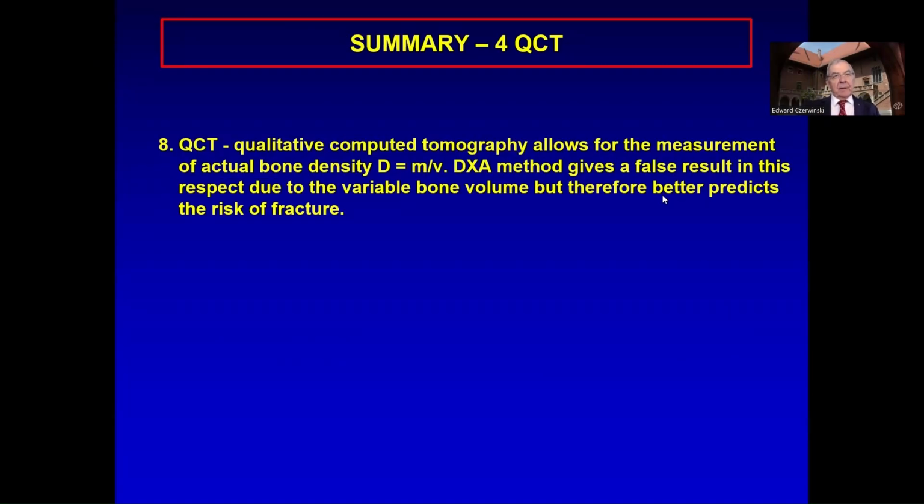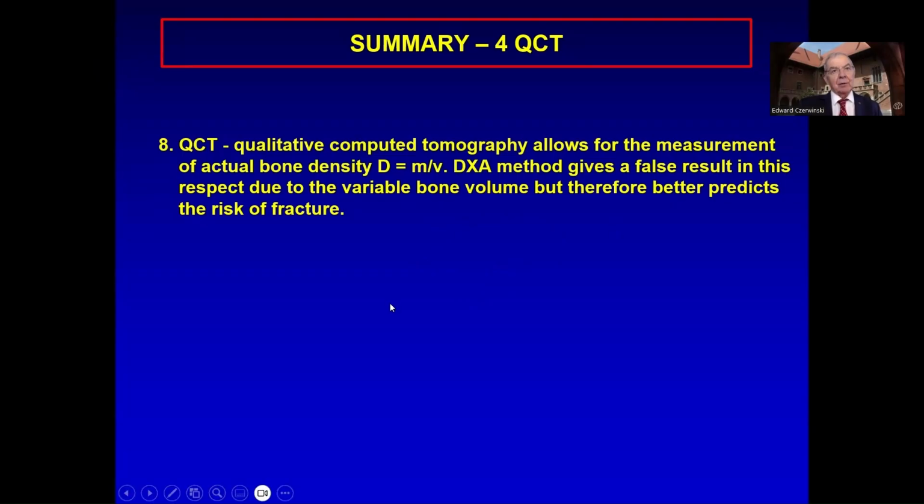QCT, quantitative computerized tomography, allows us to measure the actual density of bone expressed in cubic centimeters, and gives us a method irrespective of the whole volume, contrary to DEXA, which is why DEXA is preferred in the diagnosis of osteoporosis.